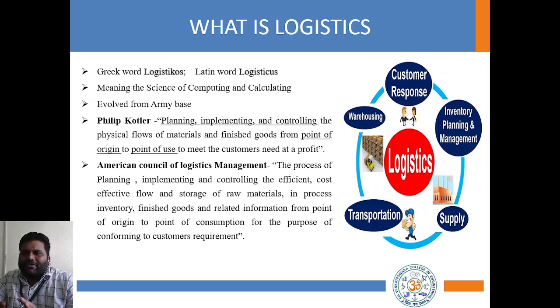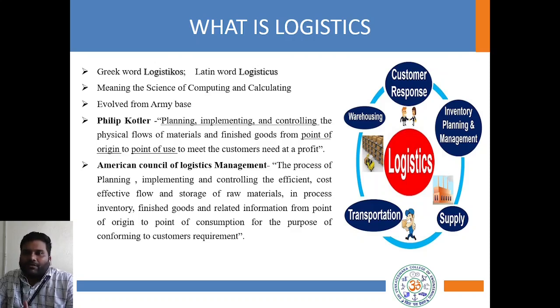So logistics plays a huge role because you need to plan, implement, and control. From the start to the finished goods, from the point of origin to the point of use, to meet the customer's need at a profit, because we cannot do it as an NGO over here. So at a profit, you have to consider all these things within logistics.